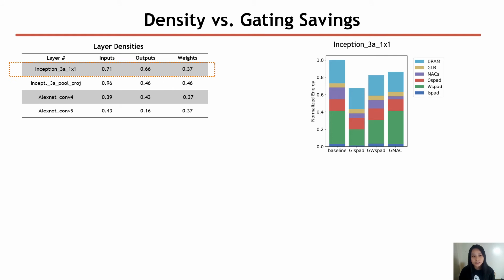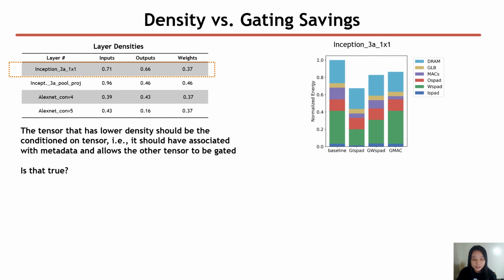Here we're showing the layer densities as well as a plot for inception 3A 1 by 1. On the x-axis, again, we have the baseline, gating input scratchpad, gating weight scratchpad, and gating MAC. The y-axis again is the normalized energy consumption. So for inception 3A 1 by 1, we have seen that gating input scratchpad is giving us the most significant energy saving.